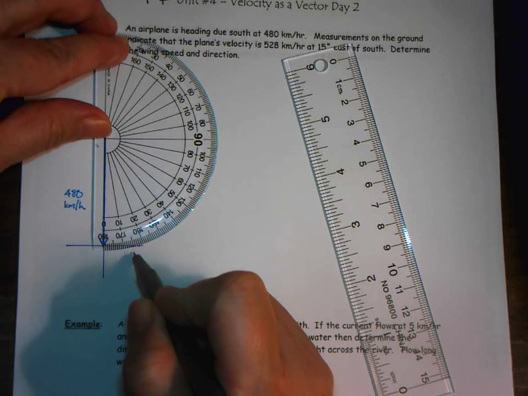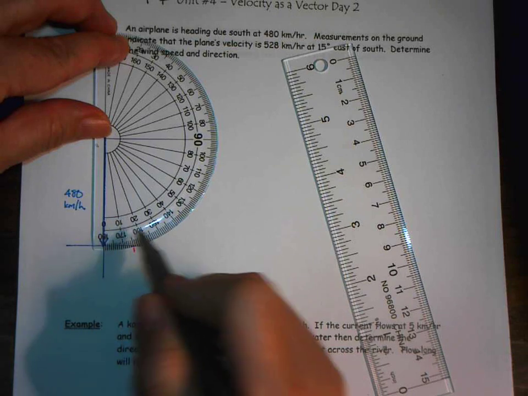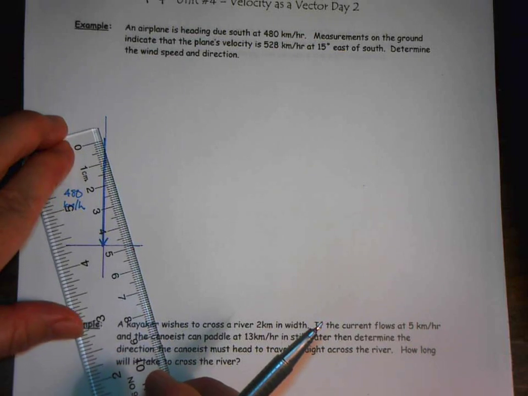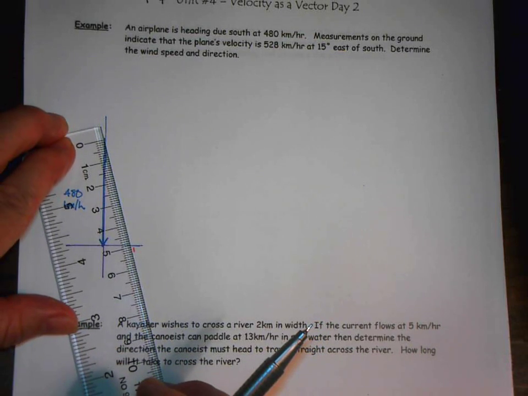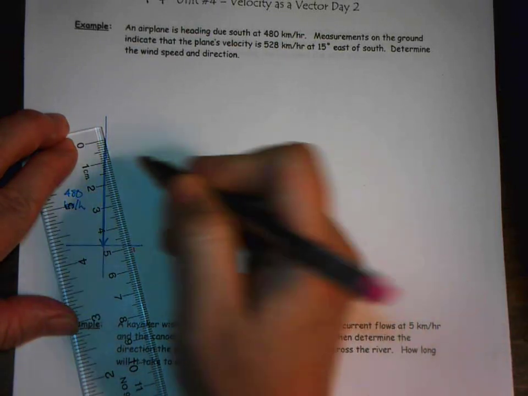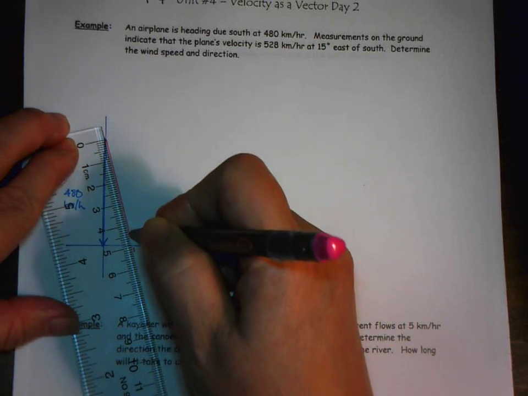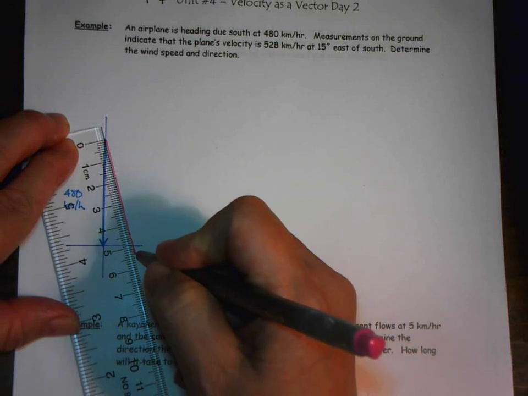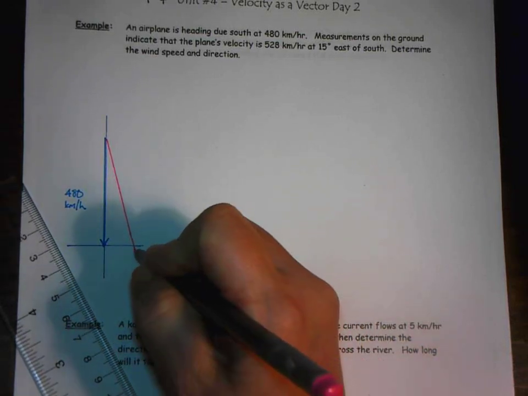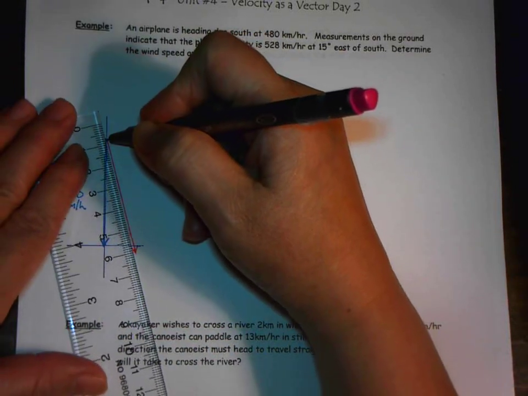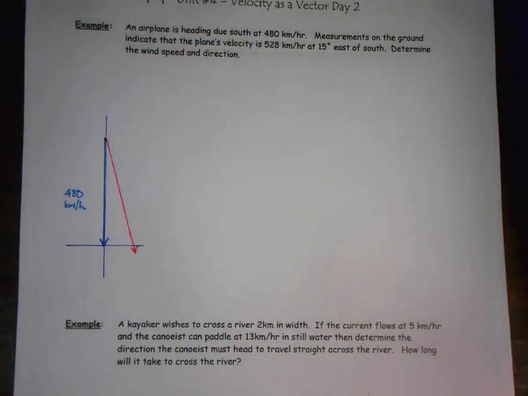And this vector is going to be 5.3 centimeters. We know that this angle in here is 15 degrees.